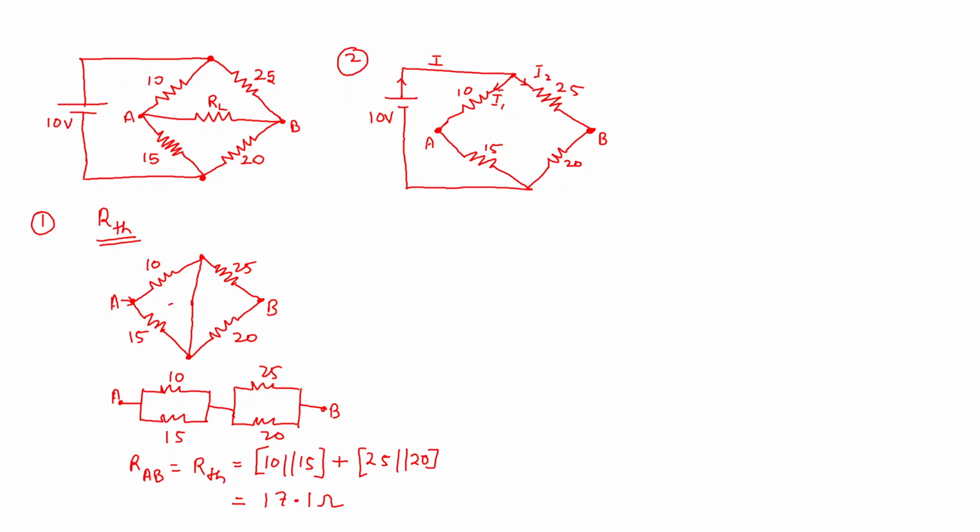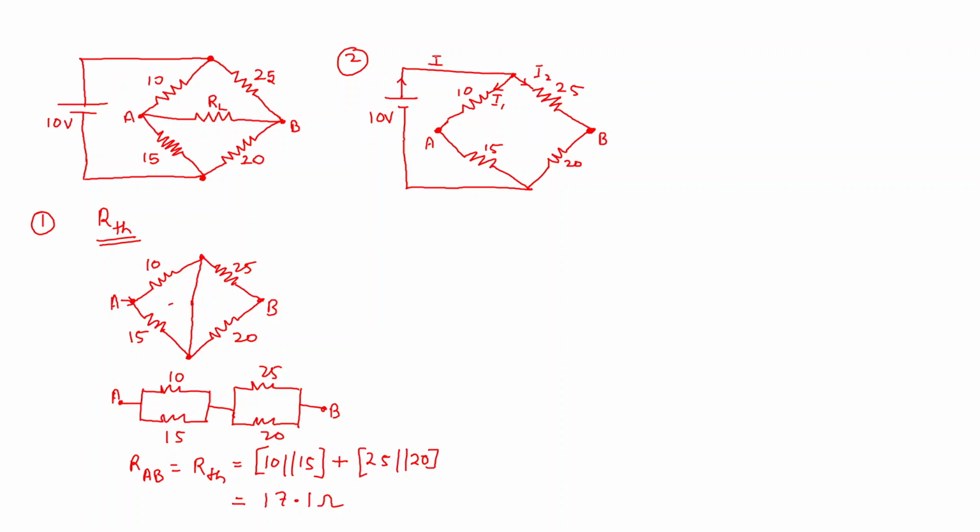Which means in this circuit, 10 and 15 are in series, and 25 and 20 are in series, because the same I2 current will flow through 25 ohms and 20 ohms. But this section, that is 10 plus 15, will be in parallel with 25 plus 20. That will be the total resistance involved in this circuit.